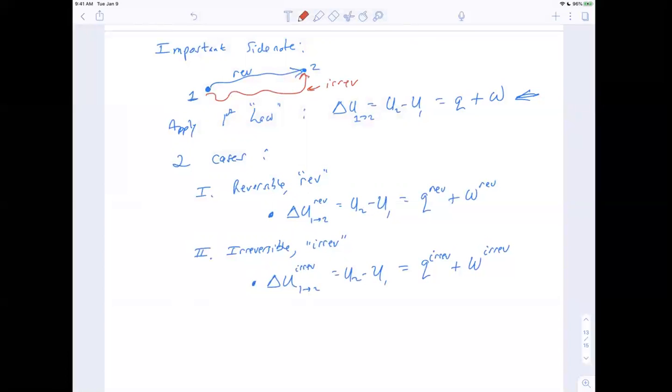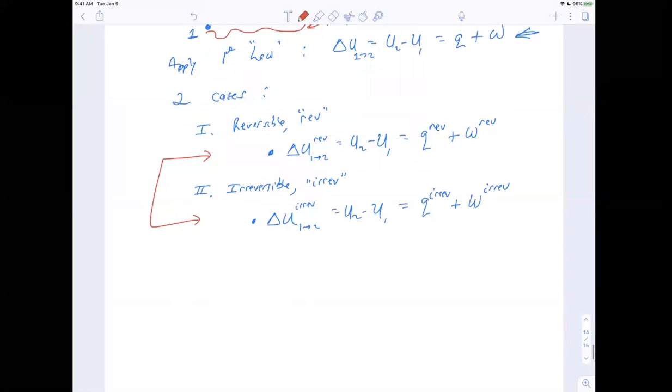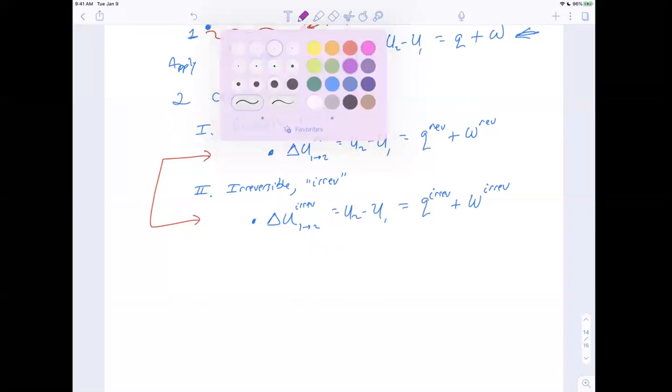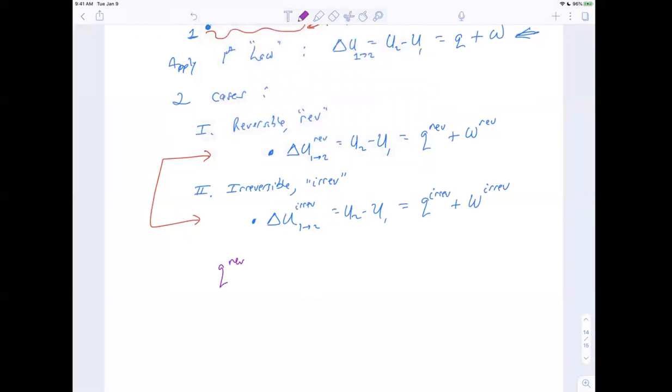Regardless of whether it's blue or red, delta U is going to be delta U. So what I can do is equate these two equations in terms of the Q's and the W's. I can set them equal to one another because the delta U's are the same. What that leads to is that Q reversible plus W reversible is equal to Q irreversible plus W irreversible.